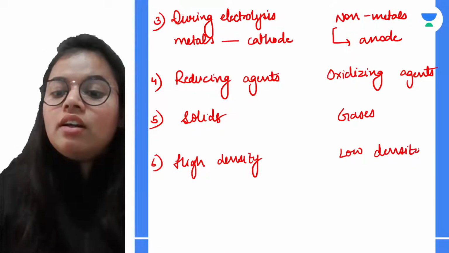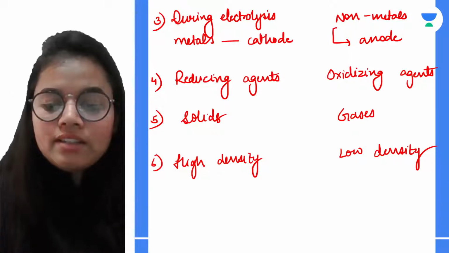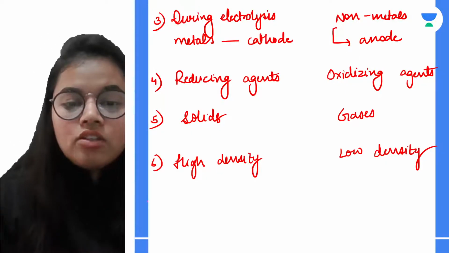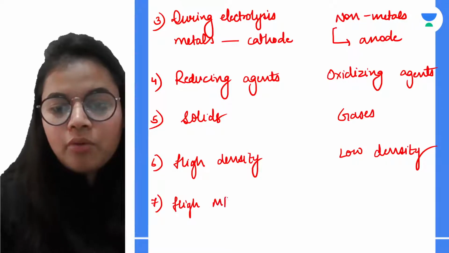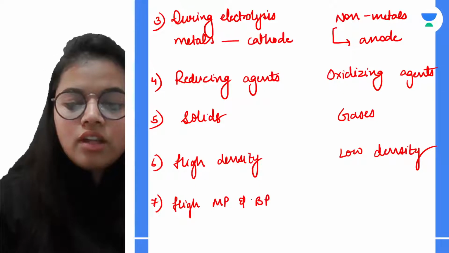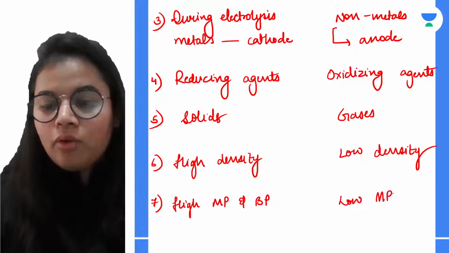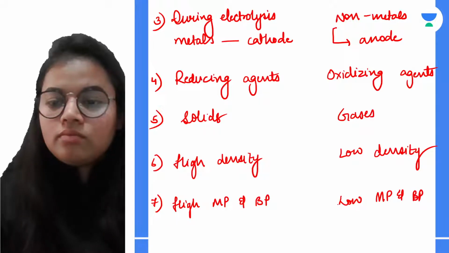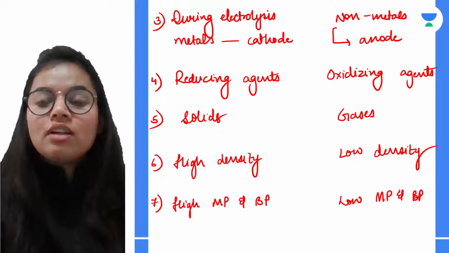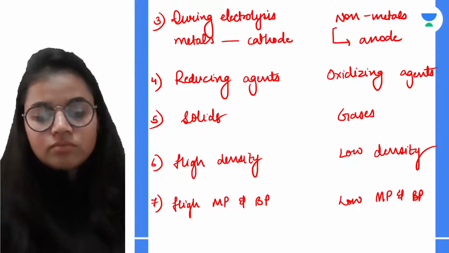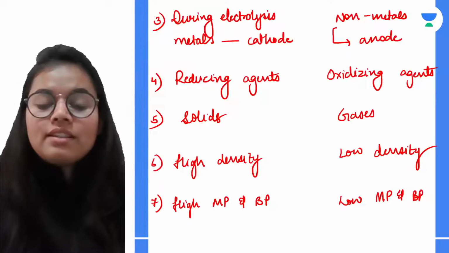But here, diamond is the hardest substance known and has a high density. Metals have high melting and boiling points, and non-metals have low melting and boiling points. Everything here has some exception, so please try to remember the exceptions.